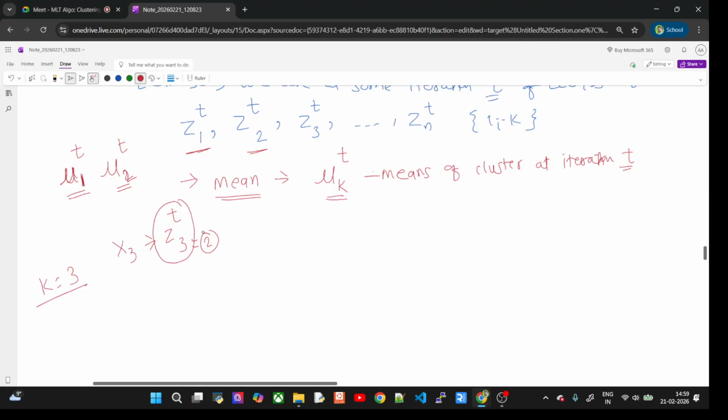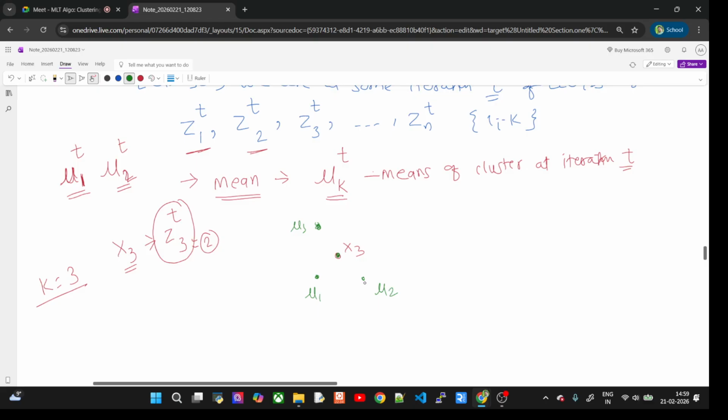So we have to figure out, for the point x3, with means mu1, mu2, mu3, the distances are not easy to judge, which is near and which is far away.